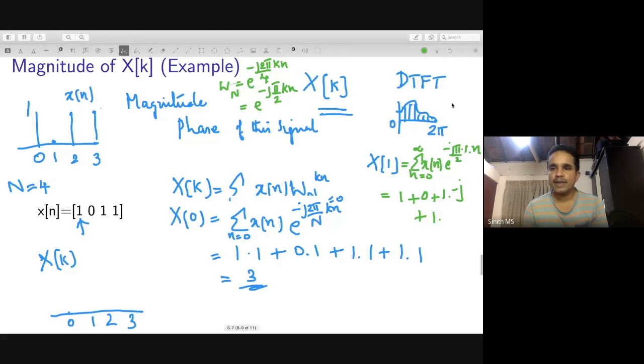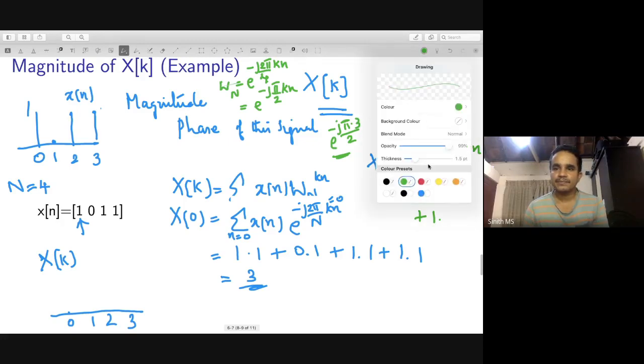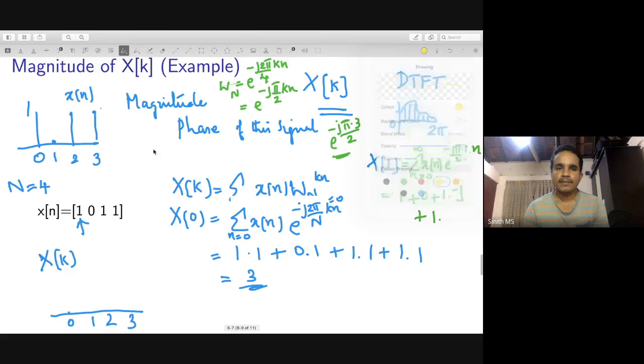This is e raised to minus j 3 pi by 2. What is e raised to minus j 3 pi by 2? This you can write as cos 3 pi by 2 minus j sine 3 pi by 2.